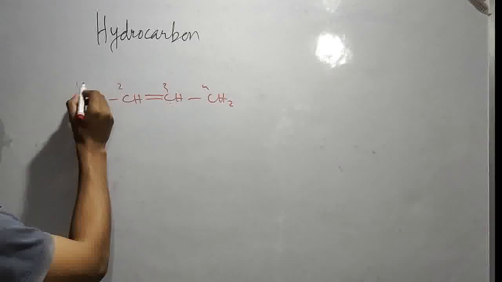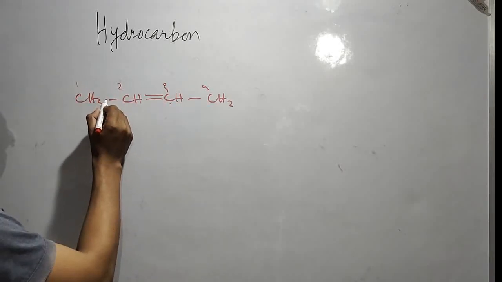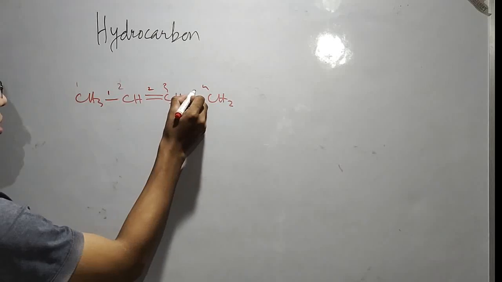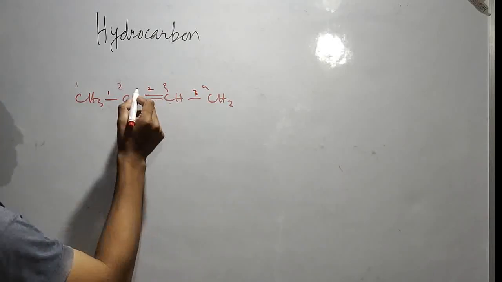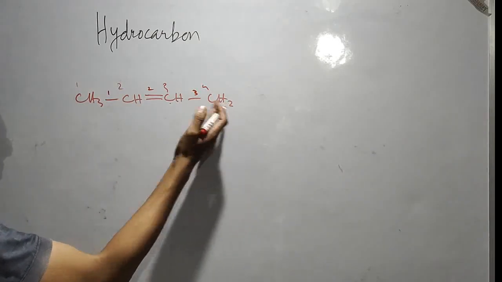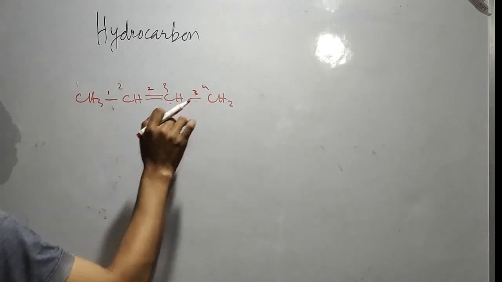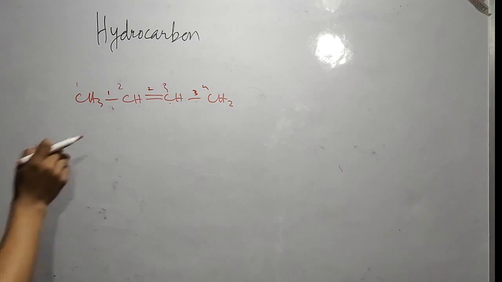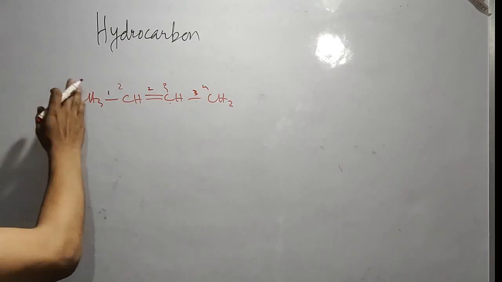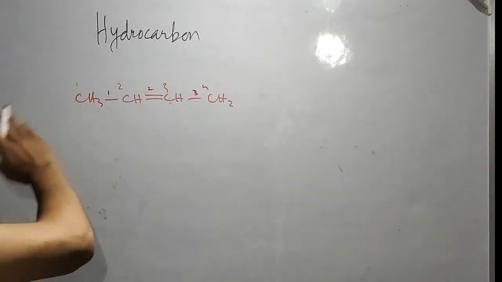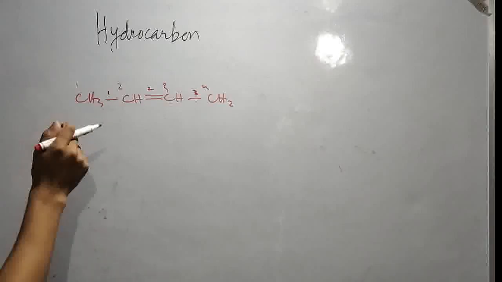So see, if we count from here, this is the first bond, the second bond, third bond, so the double bond is in the second place. If we count from this side also, it will be 1 2 3, so it is in the second place only. So the counting can be from this side or from the other side, it's not an issue.